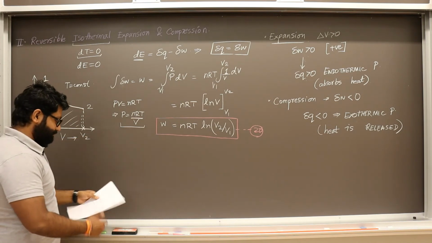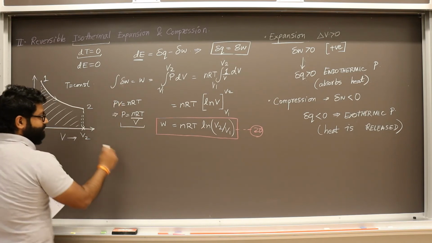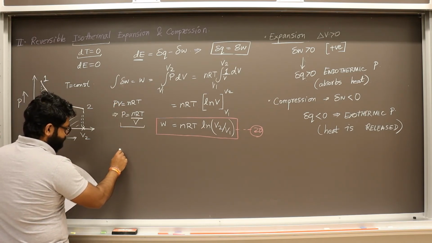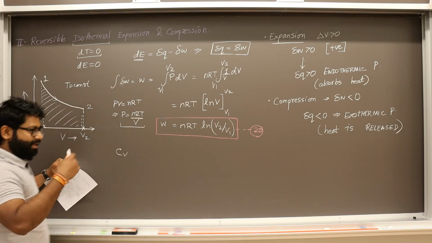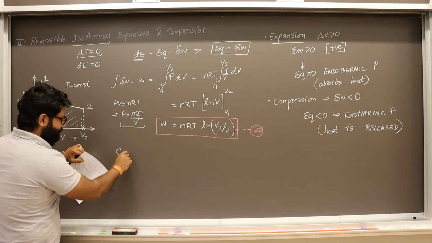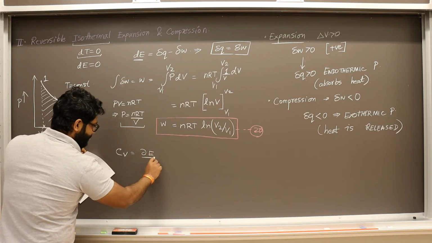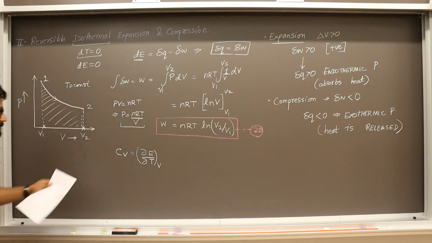Okay. Now, for this, we knew that dE was equal to 0, right? We can understand it in a similar fashion by using CV. We know that CV was del E by del T at constant volume, right?